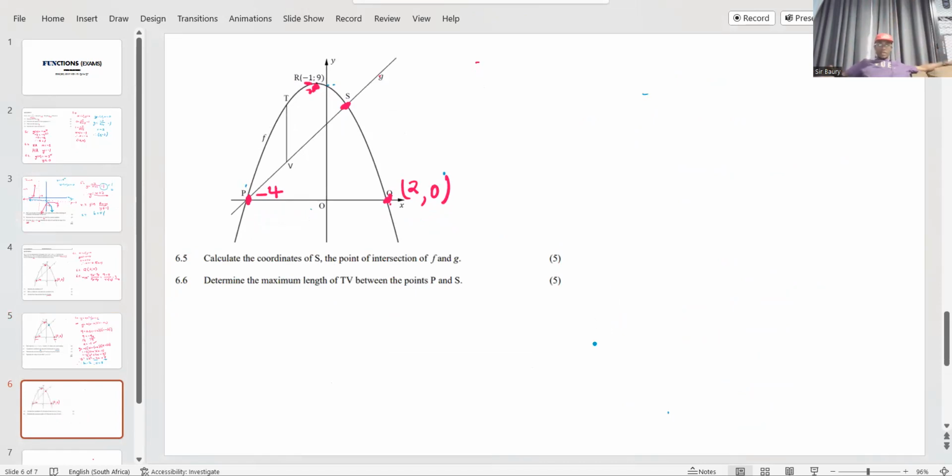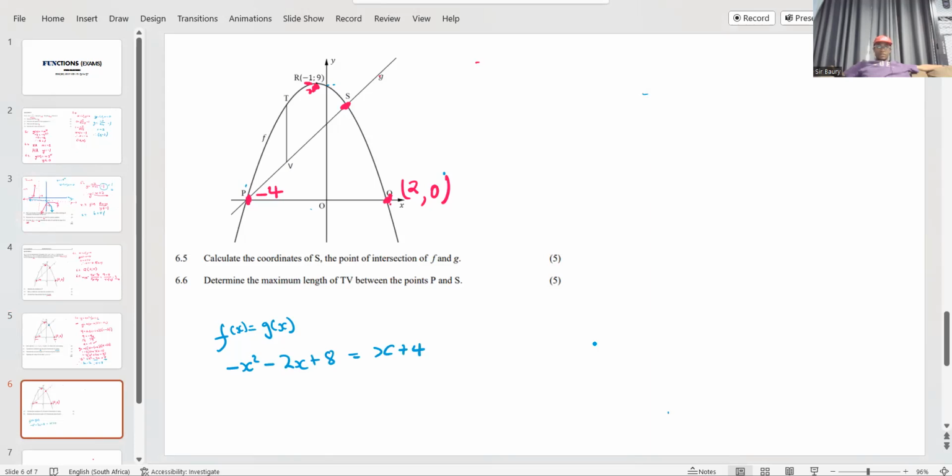So I'm going to say f of x is equal to g of x. I know f of x is -x squared minus 2x plus 8. This is equal to x plus 4.